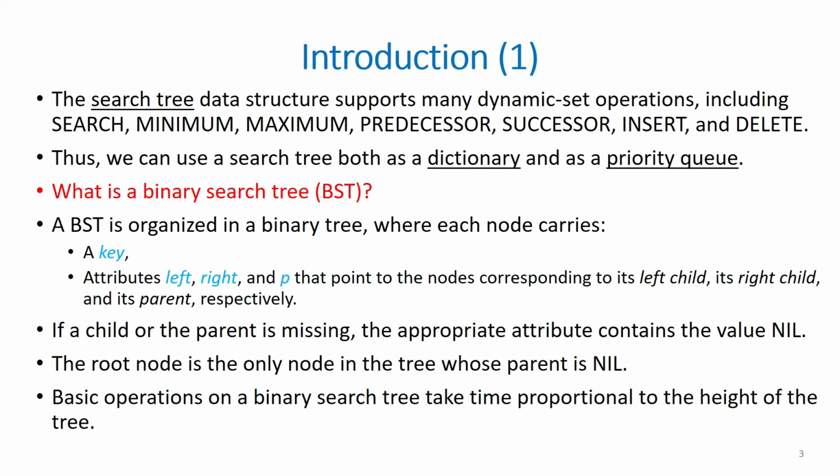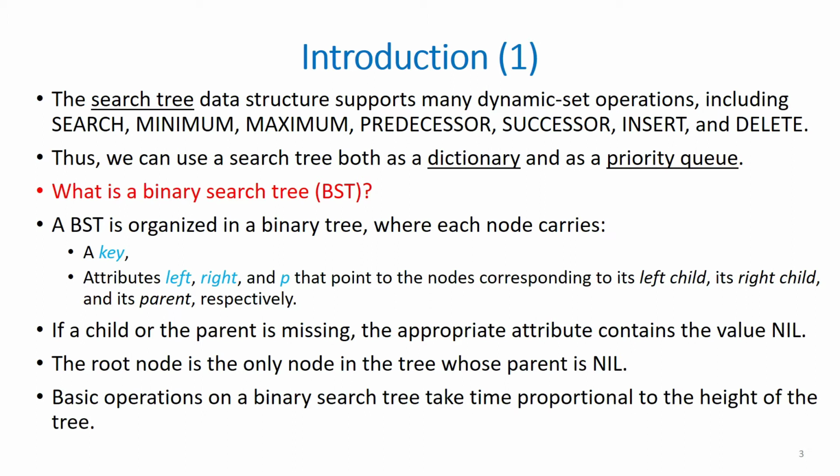So, we want to use a binary tree to support a bunch of operations that are useful in dynamic data structures. These operations are search, minimum, maximum, predecessor, successor, insert, and delete. Let's begin with the definition of a binary search tree, or BST for short.